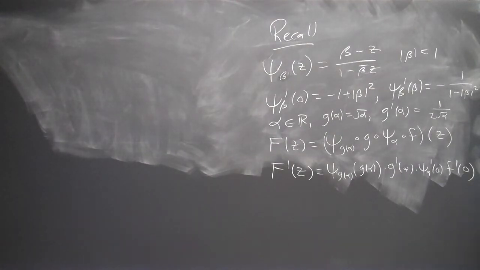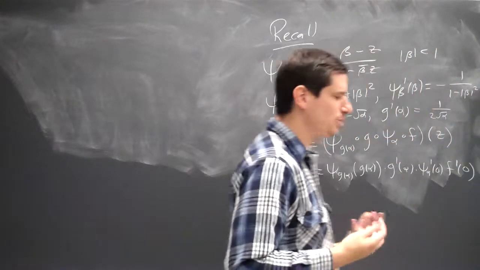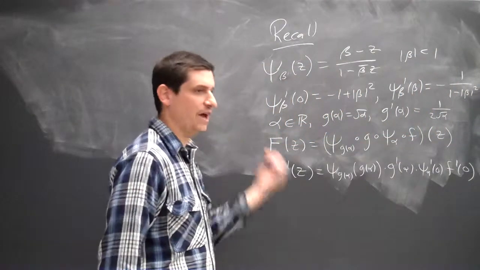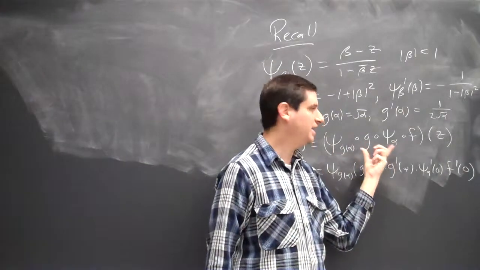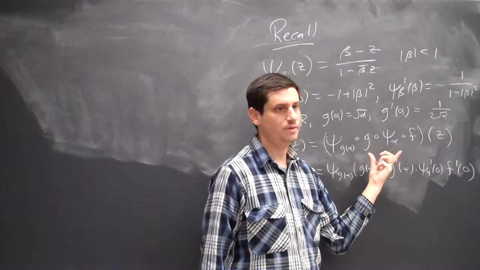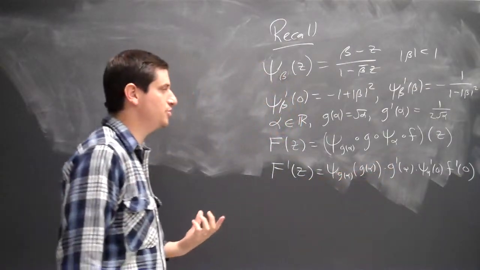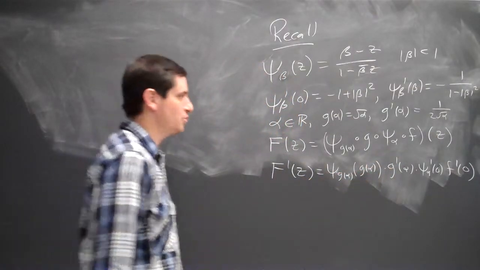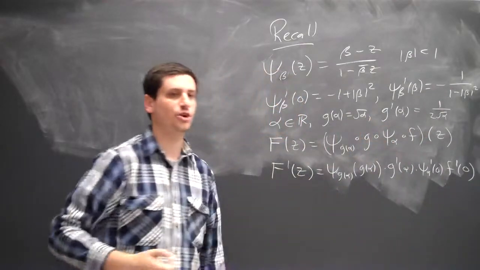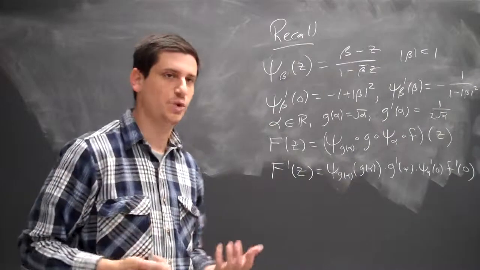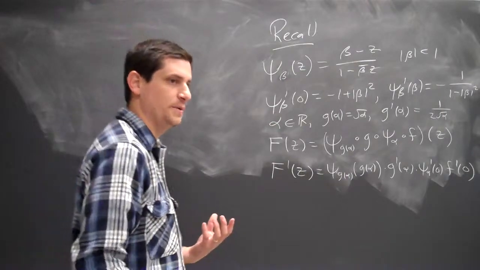Of all maps from the unit disk to the disk that are 1 to 1 and have f of 0 equals 0. So we were going to show that this had a larger derivative at the origin. Of course, one way to do this was to use the Schwarz lemma. We looked at the inverse of this function, and we showed, according to the Schwarz lemma, its derivative was less than 1 because it's not a rotation, and then we're done.